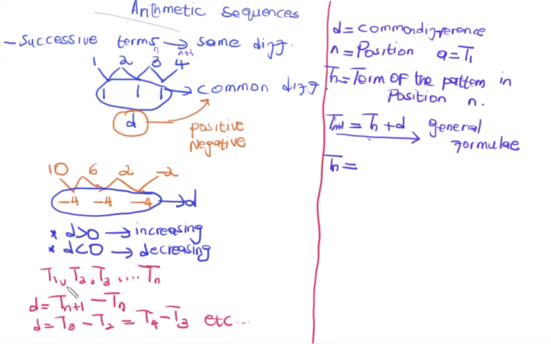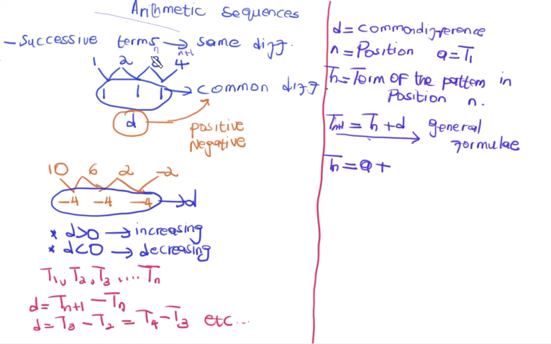Okay, so for any sequence that is given, we'll always know the first term, right? So Tn is equal to A, the first term, plus, do you agree with me that if we wanted to find 3, all that we do is to say, okay, 3 is in position number 3, that's okay.